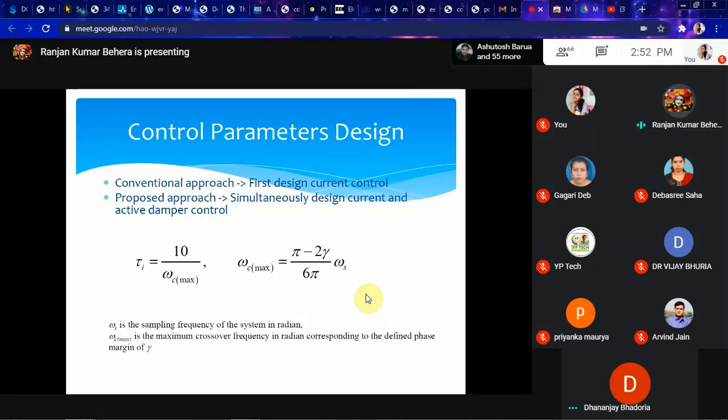You see, this is the relationship between the sampling frequency and the maximum crossover frequency. So what do you mean by bandwidth? Sometimes you say that we need to give a large bandwidth. What is that? For example, in your house, you are making a door.